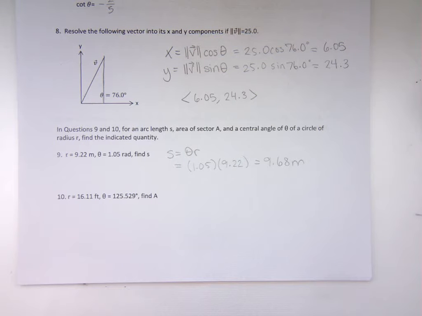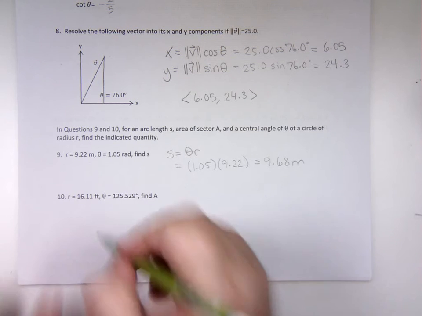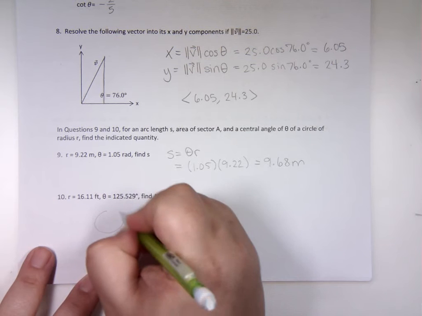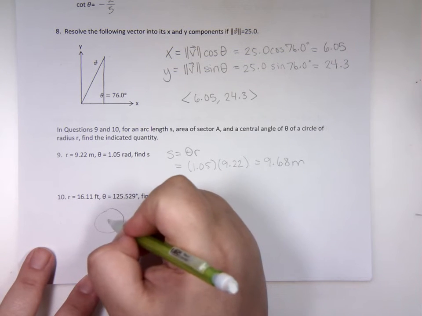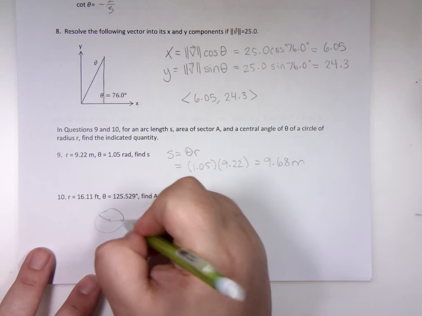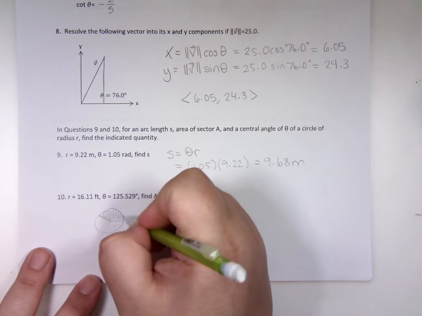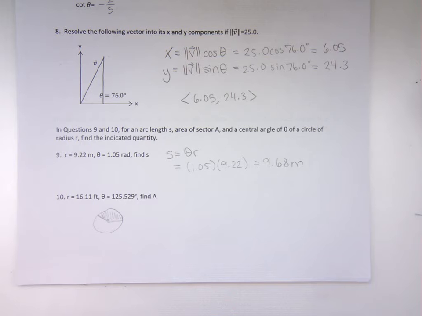to find the area of a sector, so let's say 125 degrees is somewhere right about here. So we're looking for the area of this piece of the circle. Basically what we want to do is create a fraction and figure out what fraction of the entire circle that is.